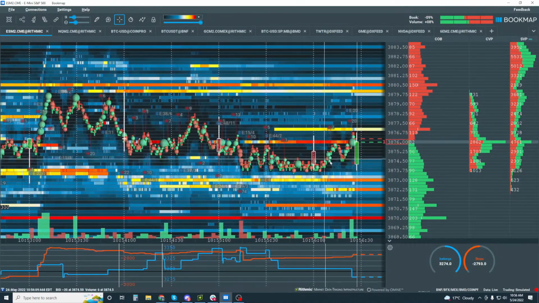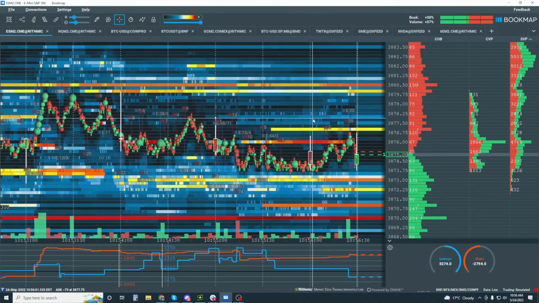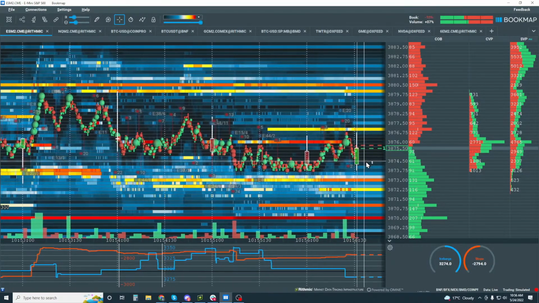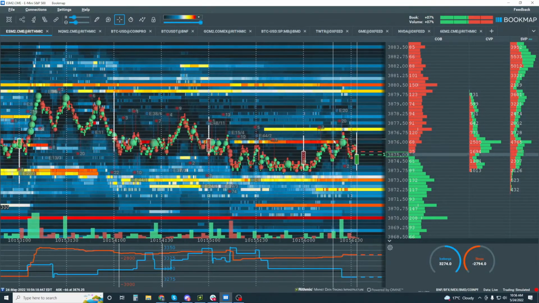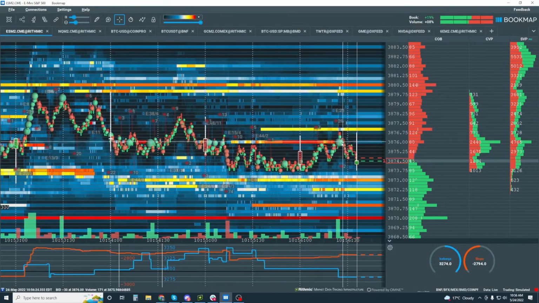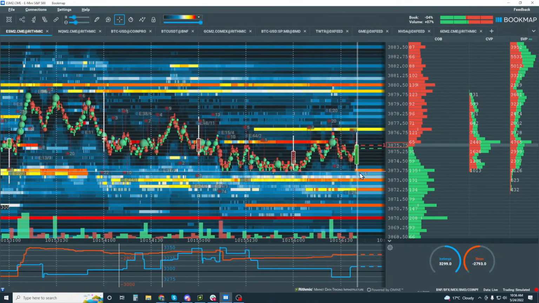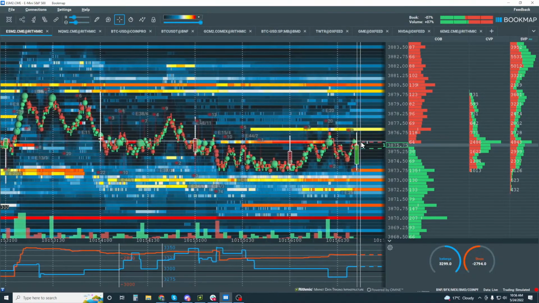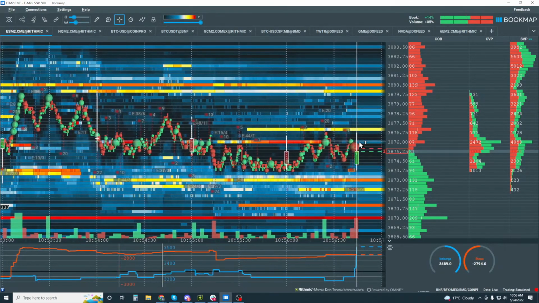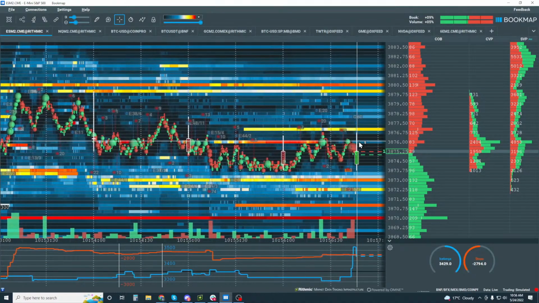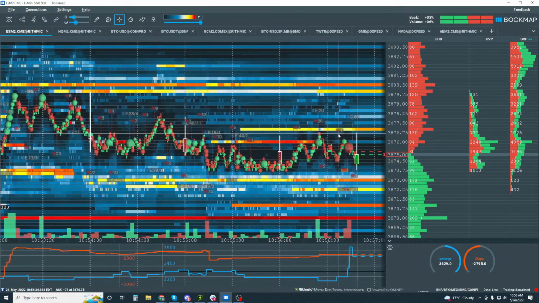See how that kept you out of the trade? Okay, did we break structure up here? Now we have buying up here. That's not what we're looking for, but we didn't break structure. Here's the retest. Iceberg there.